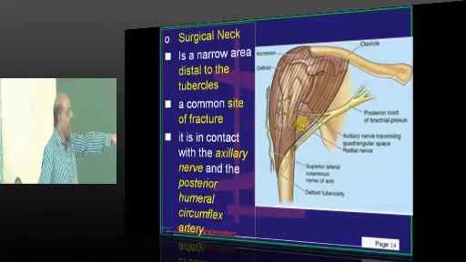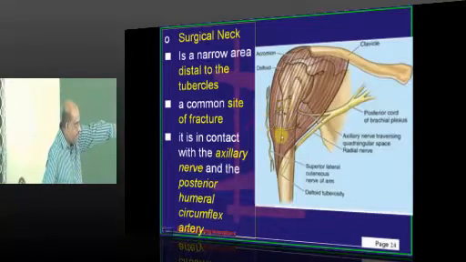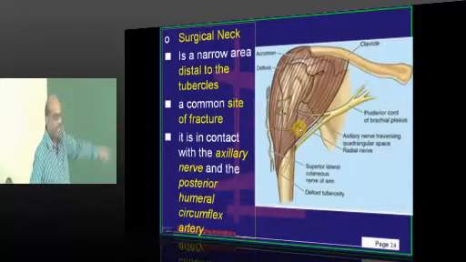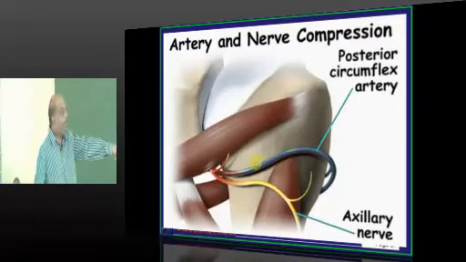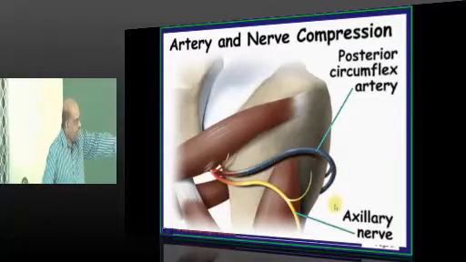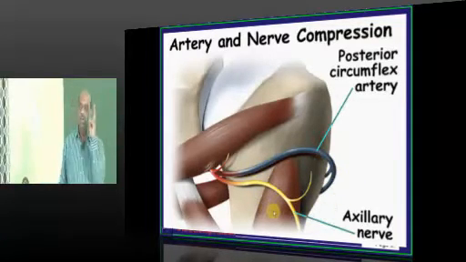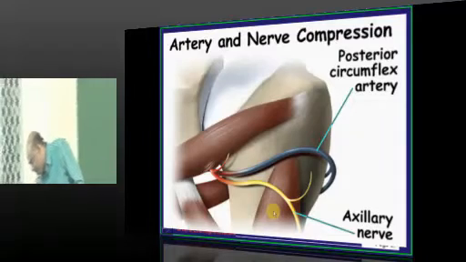So the axillary nerve is in very close relationship with the surgical neck. It is going and twisting around the surgical neck. Then the other important structure is the posterior circumflex artery, which also twists around the surgical neck of the humerus. These two important structures on the surgical neck of the humerus, you are not going to forget, doctor.